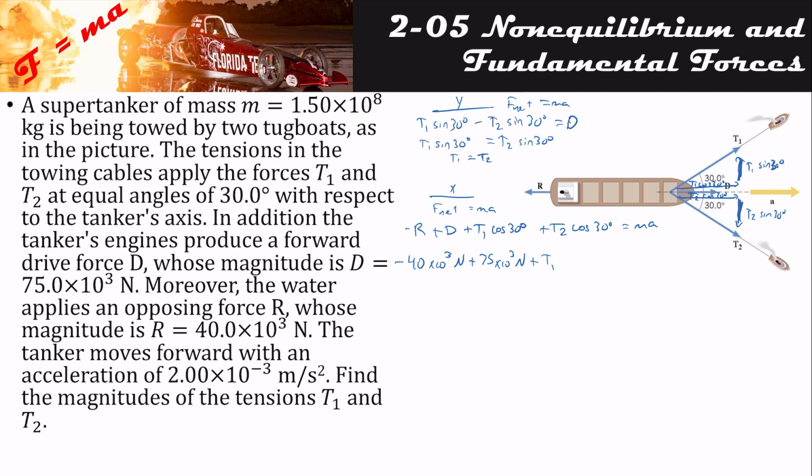T1 is what I'm looking for. Cosine of 30 is square root of 3 over 2. T2 is the same as T1, so that will give me another T1 square root of 3 over 2. Our mass is 1.5 times 10 to the 8, and the acceleration is 2 times 10 to the negative 3 meters per second squared.